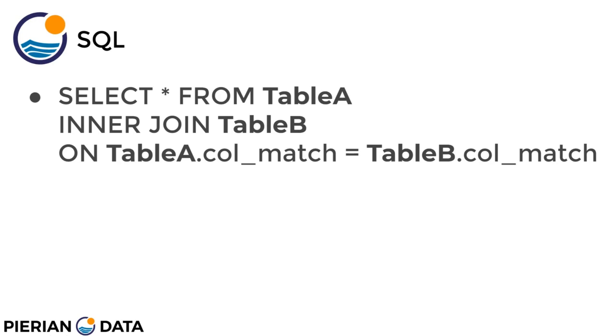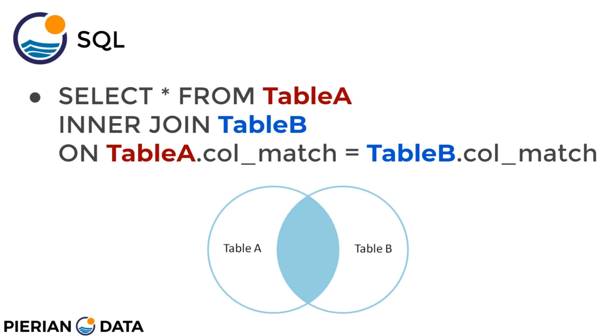So what does that actually look like in practice? If we color code this and think of the tables as Venn diagrams, and if you look up SQL joins on Google image search, you'll see a ton of Venn diagrams. So a lot of people like to think of it this way. We see here that we're selecting from table A, inner joined on table B, where table A dot column match is equal to table B dot column match.